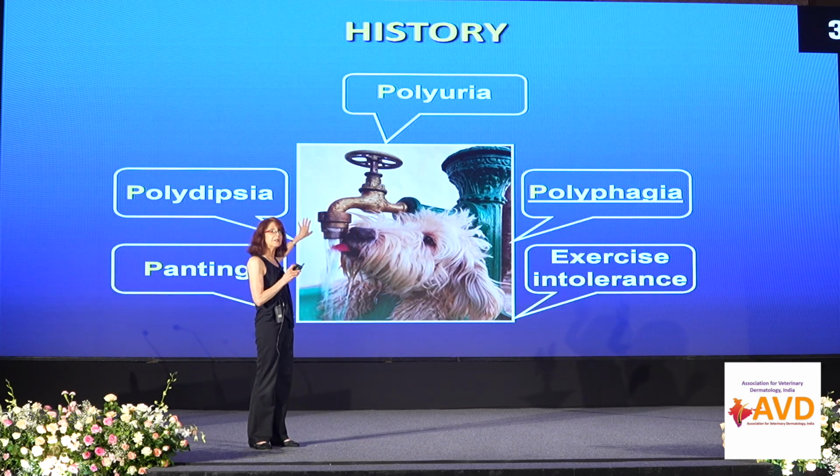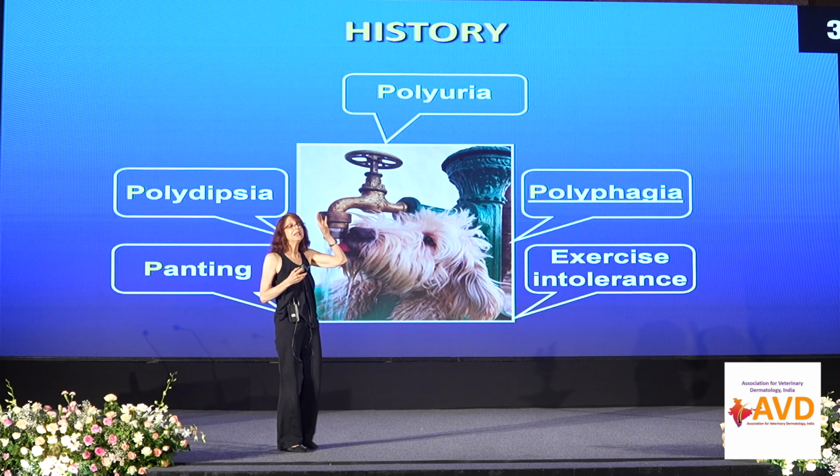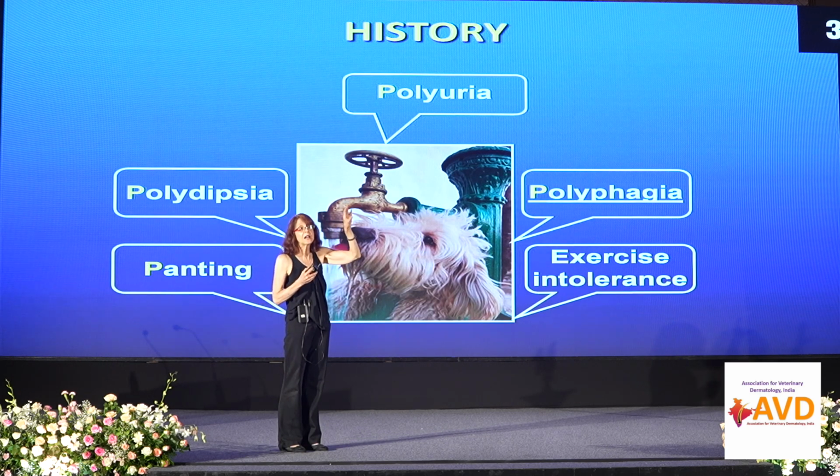And so it's interesting, nobody knows the pathomechanism of polyuria, but it's believed that cortisol inhibits ADH, the antidiuretic hormone, in the hypothalamus.